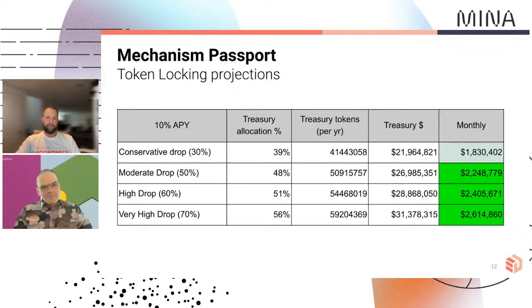So that's the first step, which is how can we actually change the distribution of those 720 Mina tokens per block to make sure that we are maintaining a minimum level of return for people who are staking. In this case, we're talking about 10%, while at the same time making sure that we're also building and replenishing a treasury that will have a big impact in sustaining the ecosystem growth.